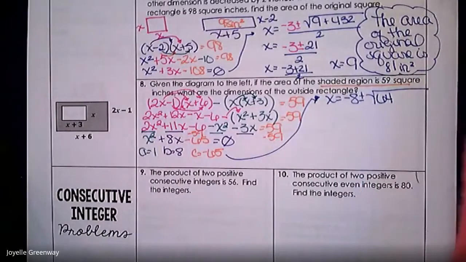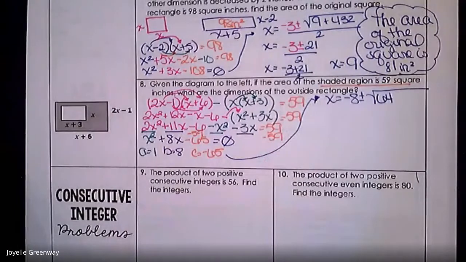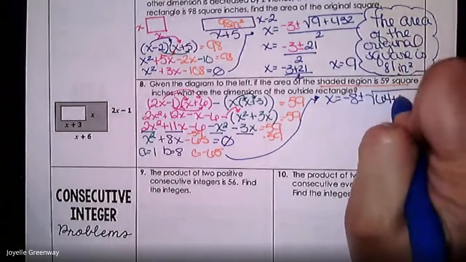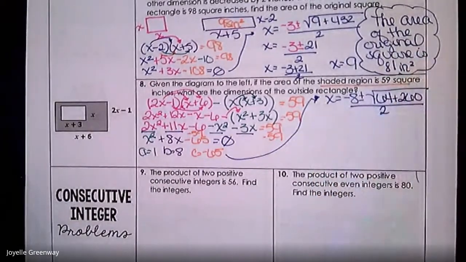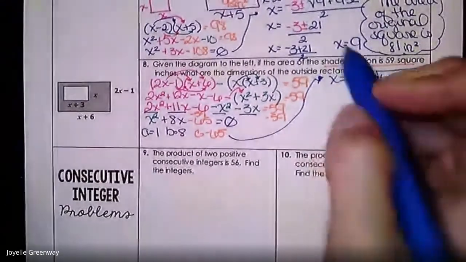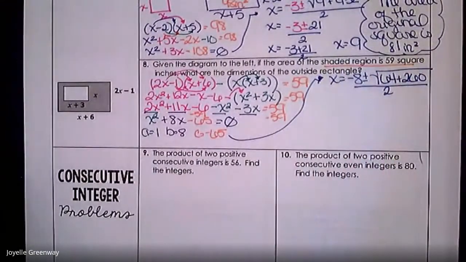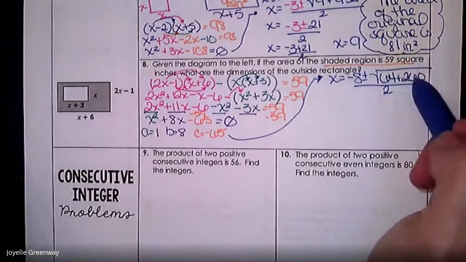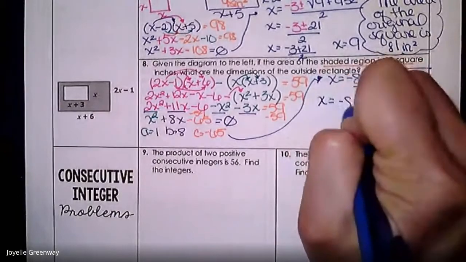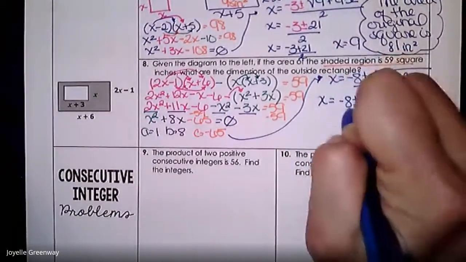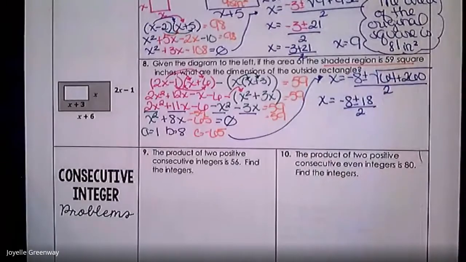Well, negative 4 times negative 65 will give me a positive number. So 4 times 65 is 260. And that's divided by 2a, so divided by 2. So when I simplify that, 260 plus 64 is 324. And the square root of 324 is 18. So I have x is equal to negative 8 plus or minus 18 divided by 2.